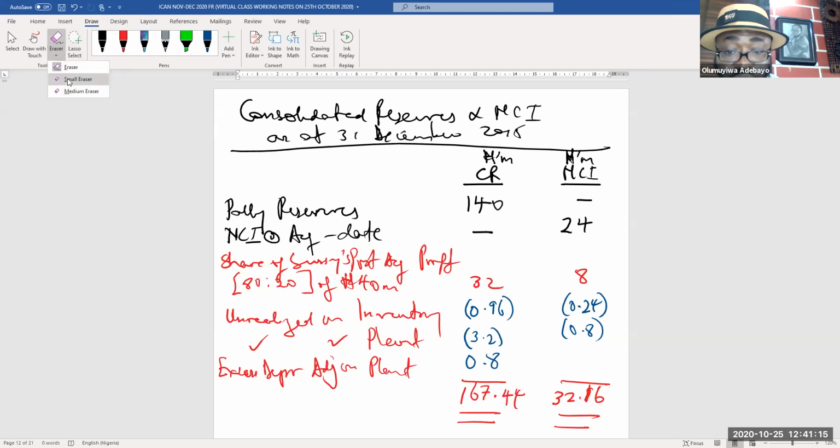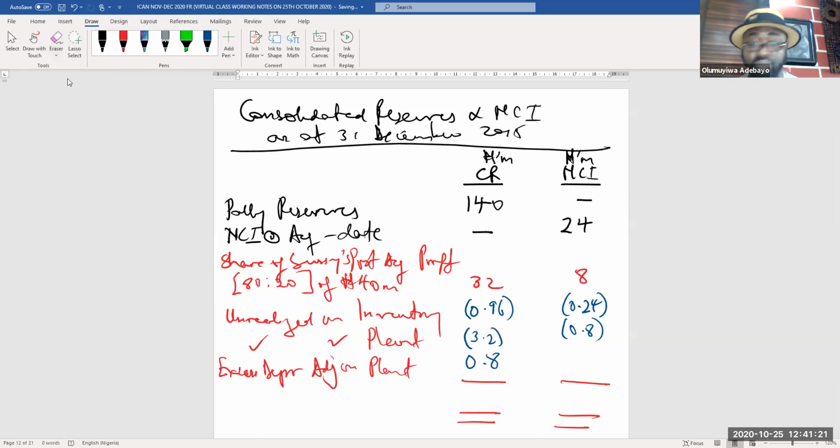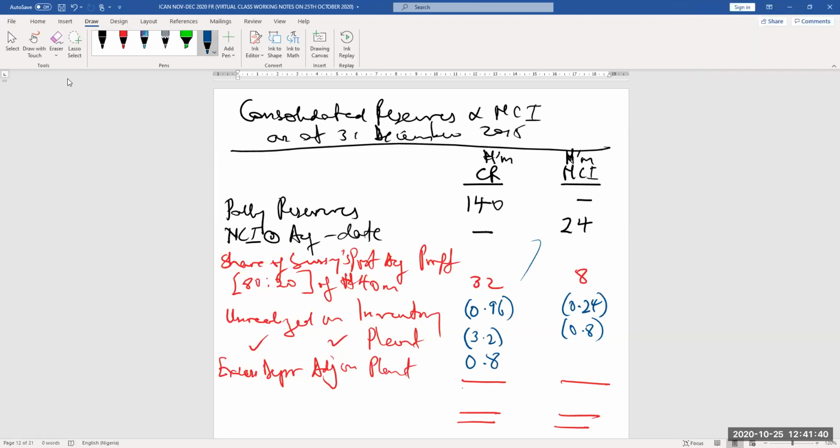We need to now redetermine the amount of consolidated reserve and NCI, which means we say 140 plus 32 minus 0.96 minus 3.2 plus 0.8. That gives me 168.64.